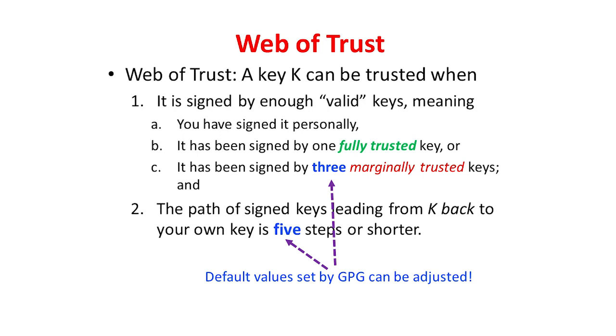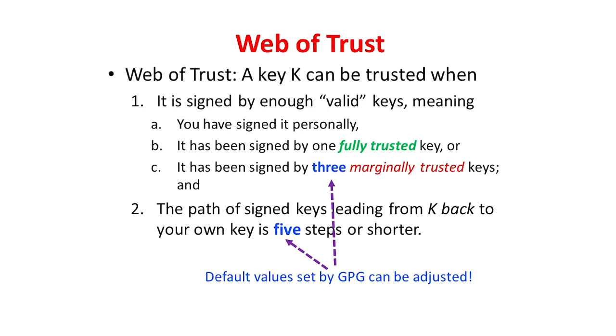Finally, the path of signed keys leading from the key owner back to you cannot be too far away. In the default case, it needs to be 5 steps or 5 hops or shorter.